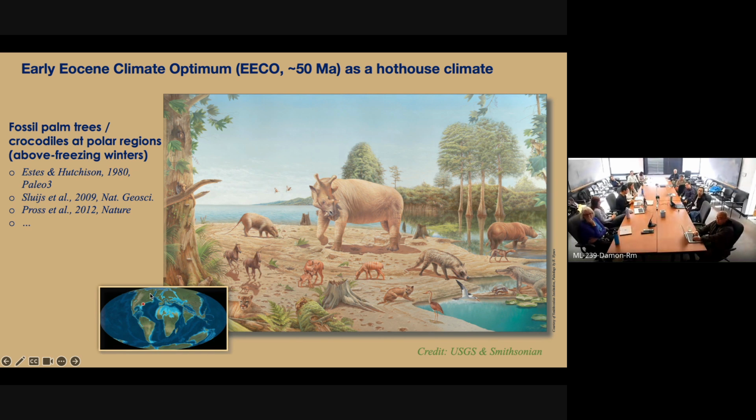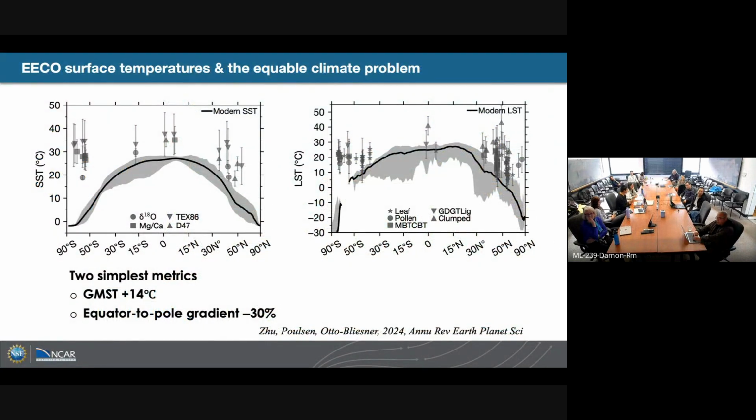That's why people know that it's very warm. And this picture is an artist's reconstruction of the early Eocene environment, and you get the idea that it's pretty warm. Of course, we can use quantitative information to reconstruct the surface temperature of the sea surface, on the left, and the land surface on the right.